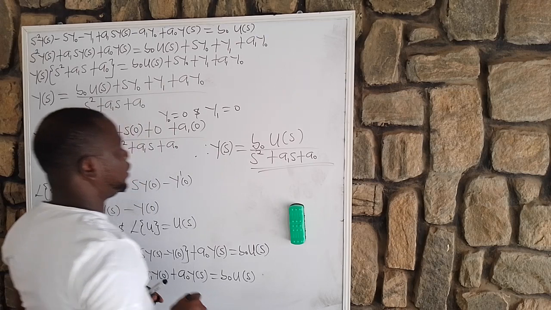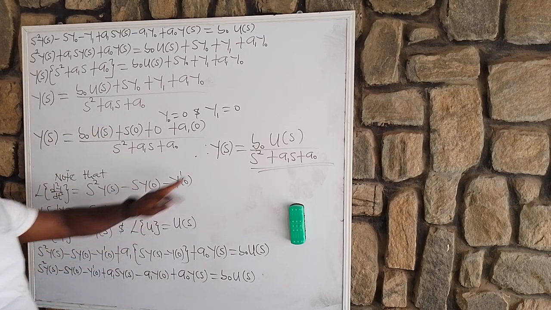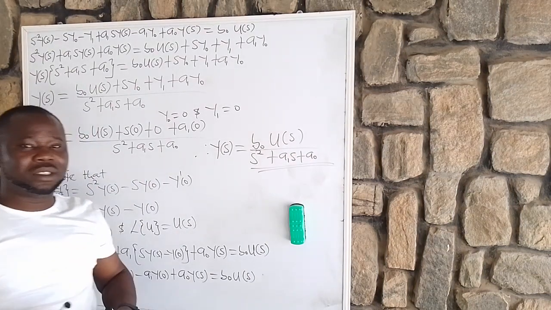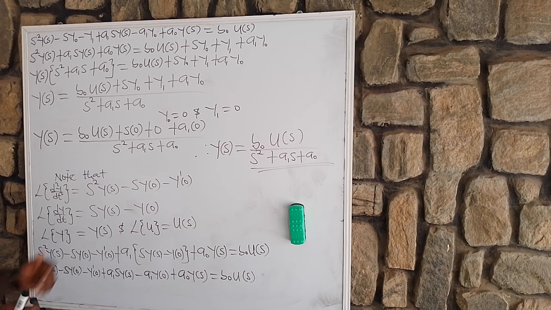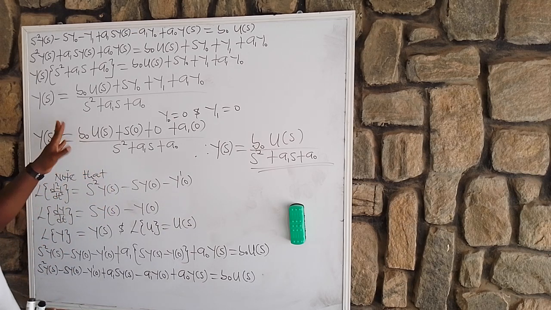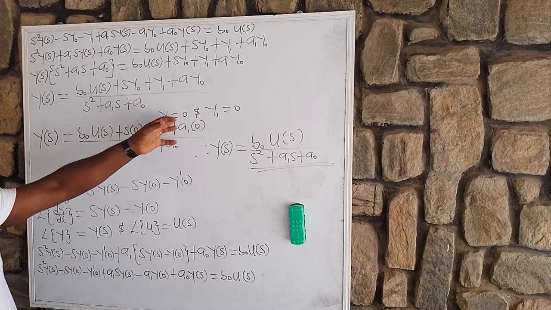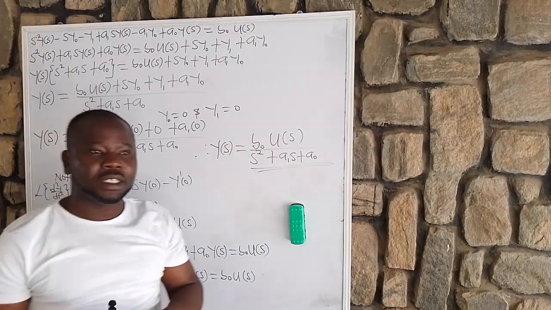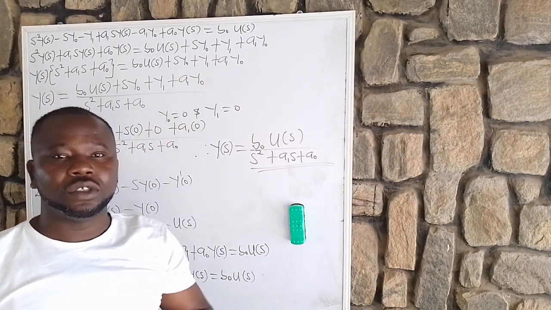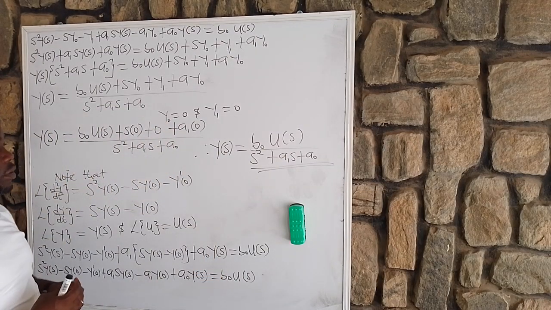This is what they want us to obtain, and this is known as the transfer function. Should you come across questions of this kind, always remember that after solving up to this stage, the initial values must be equal to 0 for a function to be a transfer function. So take note of this. This is how you are going to solve it.